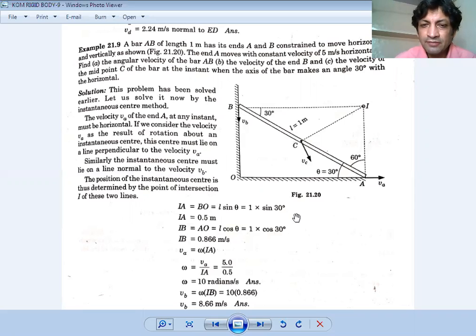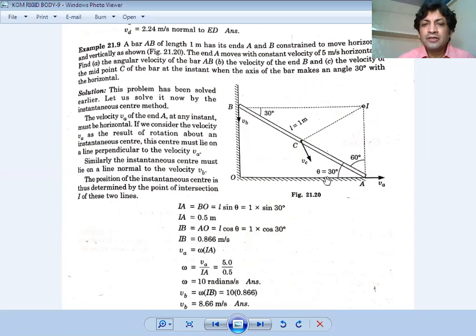So how do we calculate the values of IB and IA? Here, as you are seeing, IA is equal to BO, IA on the right-hand side and BO on the left-hand side, because it is a complete rectangle, so opposite sides are equal. That is why IA is equal to BO, and it is equal to L sin theta.